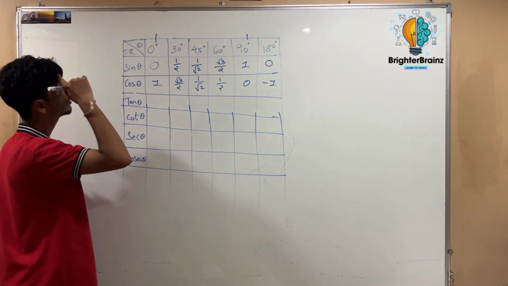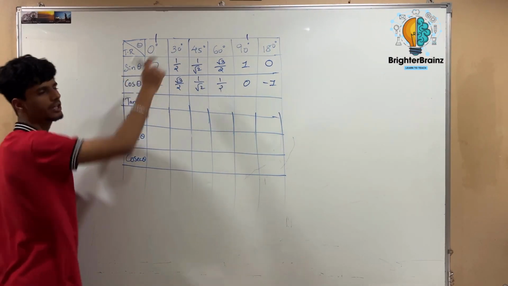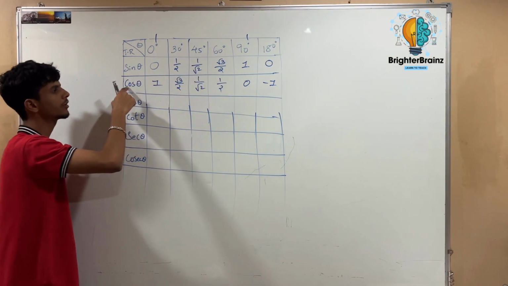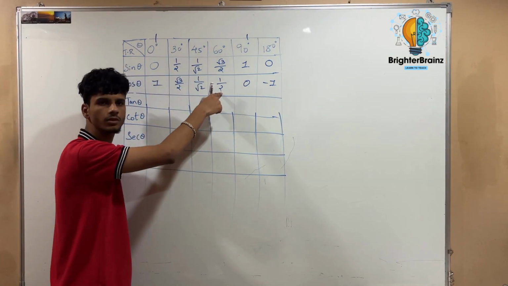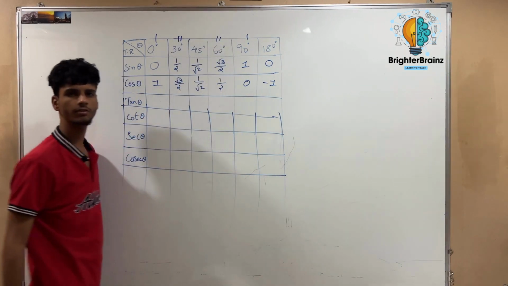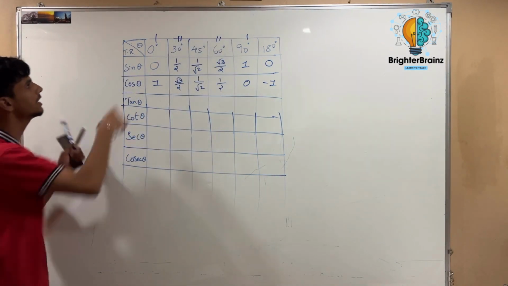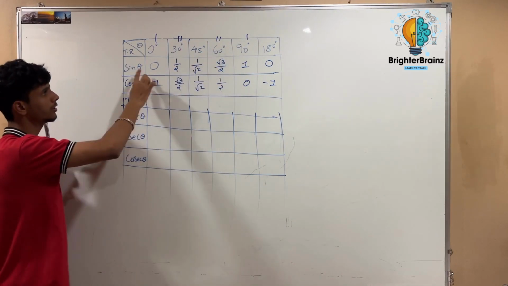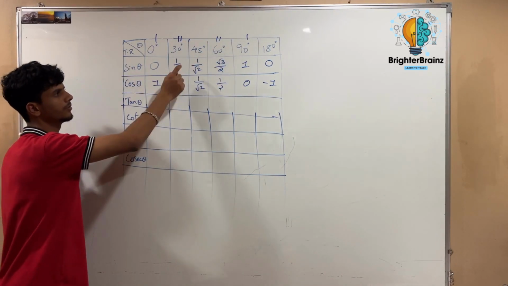Now the same way, 0 and 90 have this relation. Next, what is the value of sin 30? 1/2. And observe cos 60: sin 30 and cos 60 have a relation here. If I represent 0 and 90 with a single line, then 30 and 60 with a double line.